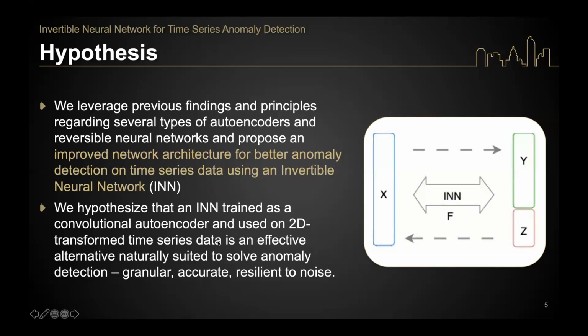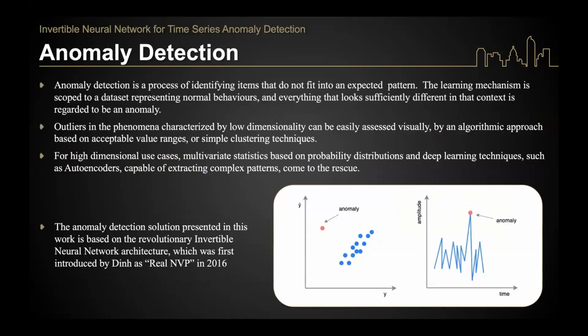And at the end, we get a granular, accurate, and noise-resilient anomaly detection system. That picture is just a high level picture of the invertible neural network, but we'll talk about it in detail in a minute.